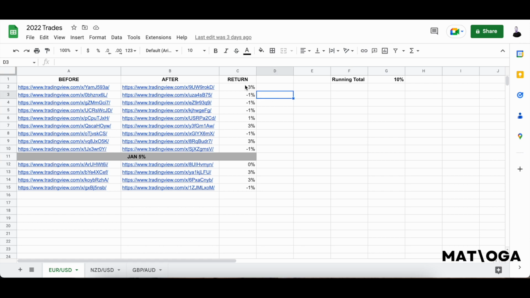As you can see, throughout January we had quite a lot of stop losses, 1, 2, 3, 4, 5 losses in total out of 9 trades. We still managed to make 5% because we made three profits. So it's pretty good, but it's not the greatest. Let's take a look at these trades.